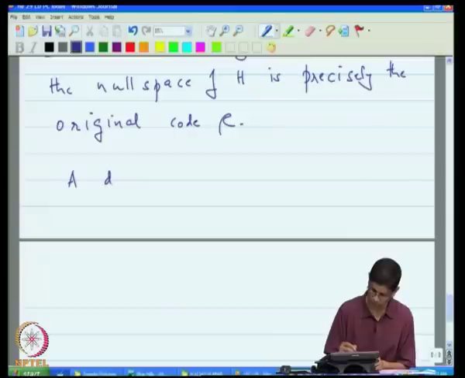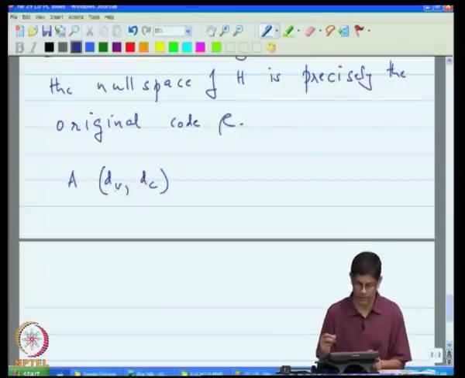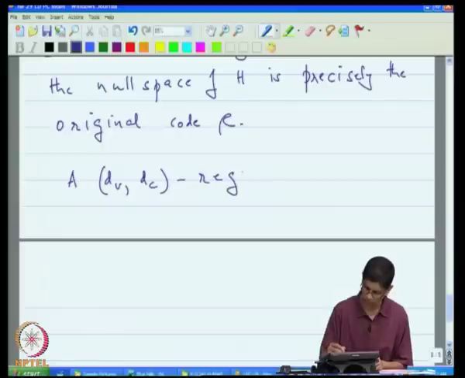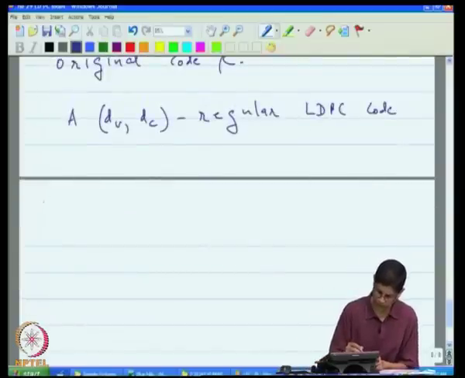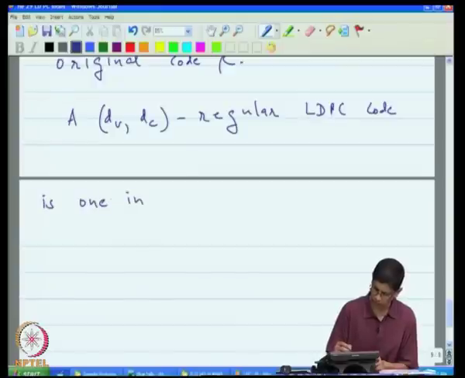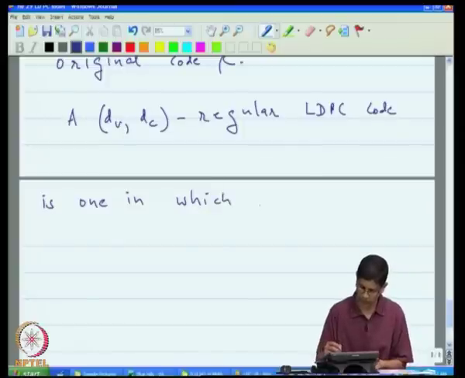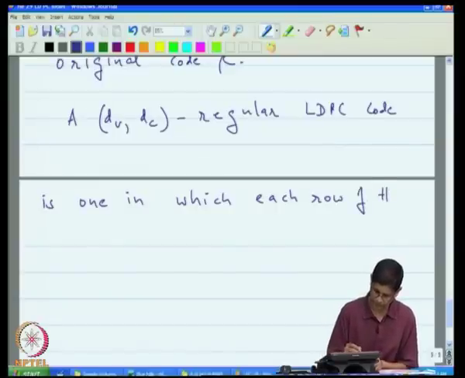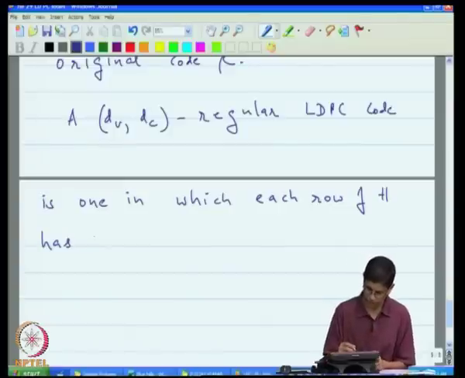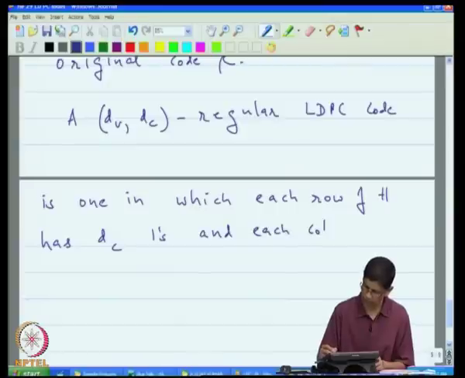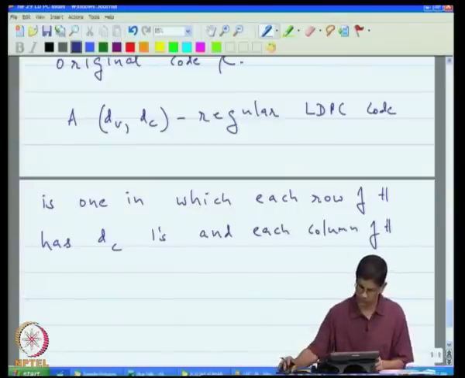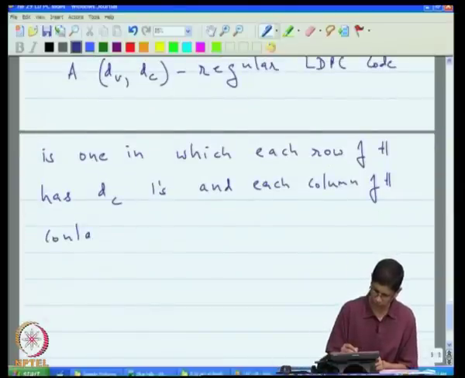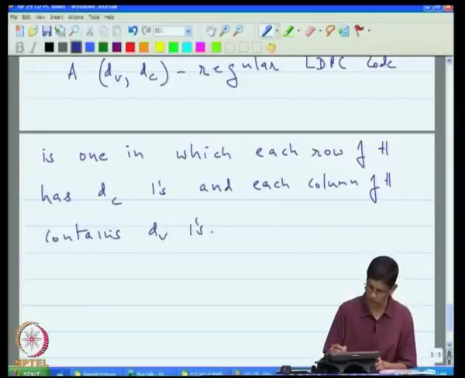A d_c regular LDPC code is one in which each row of H has d_c ones and each column of H contains d_v ones.